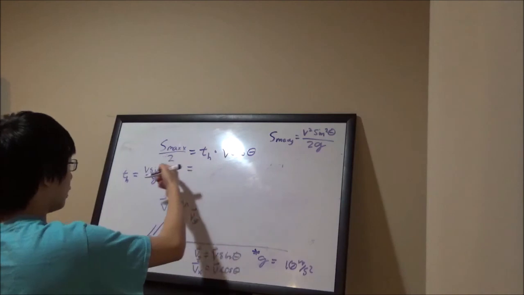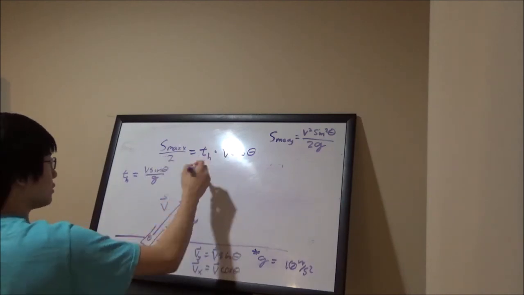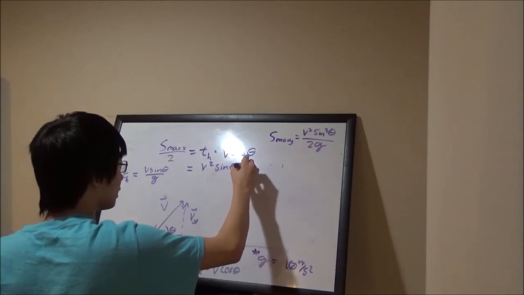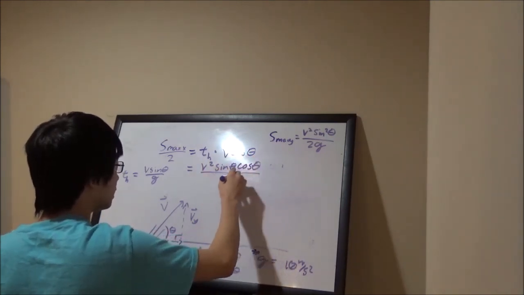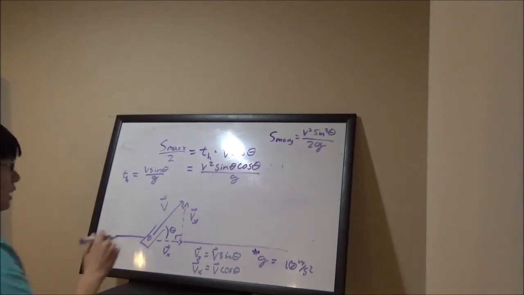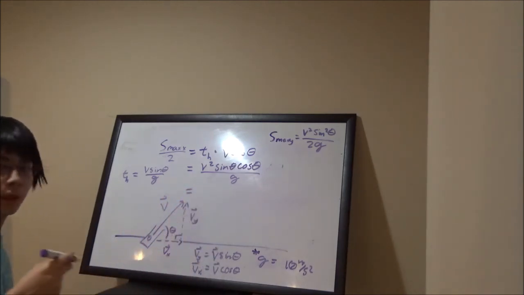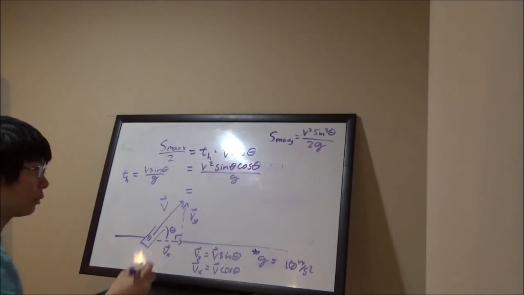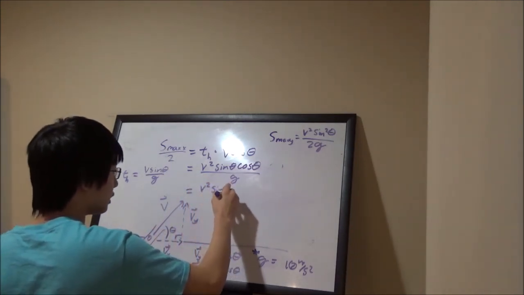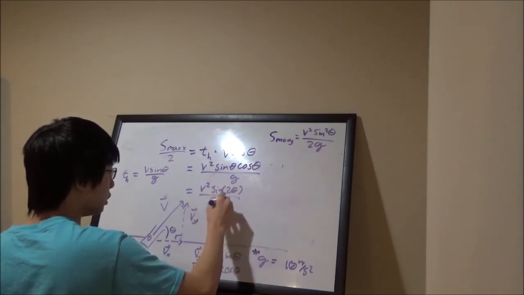So I multiply v sine theta times v cosine theta, so I get v squared sine theta cosine theta divided by g. Alright, next thing to know is we can use the sine double angle formula, and we can simplify this as v squared sine 2 theta over 2g.